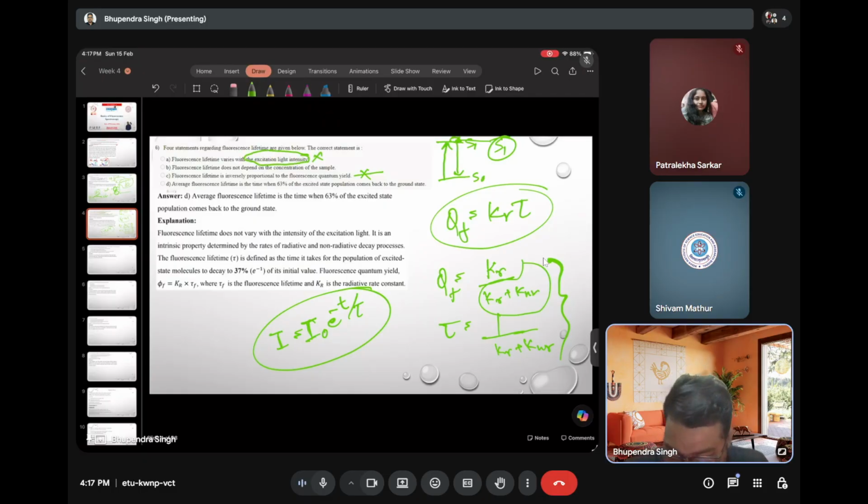What about the second one? B, fluorescence lifetime does not depend on the concentration of the sample. Concentration, this you need to explain to me. Does it really depend? Let's say I am taking a concentrated sample.